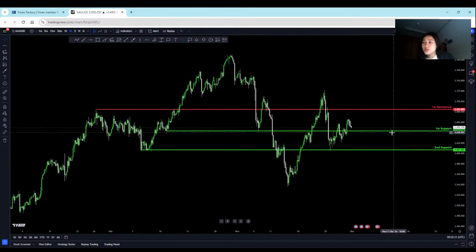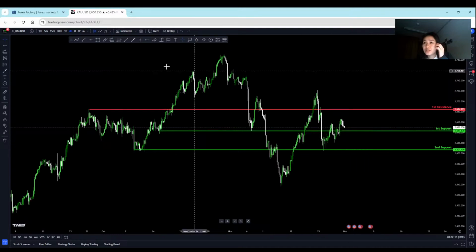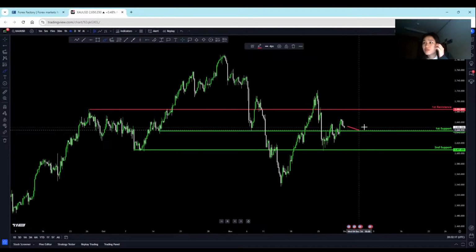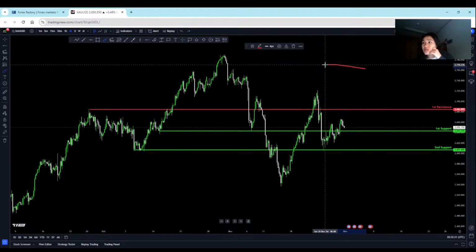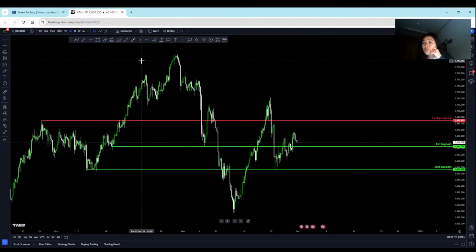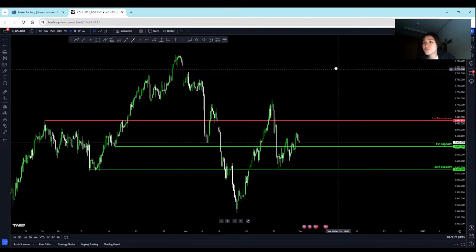Okay, so even though I'm placing the first support here, I'm expecting a bit of a reversal from here upwards. So let's take a look at some Fibonacci levels as well.